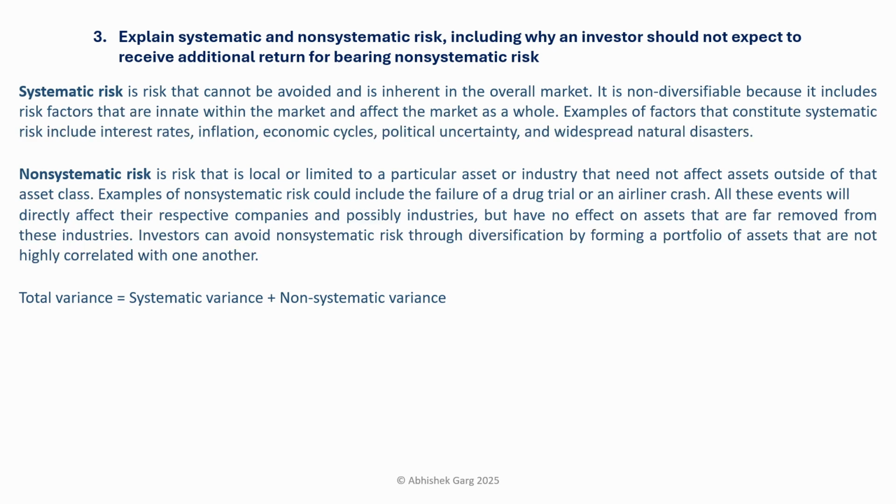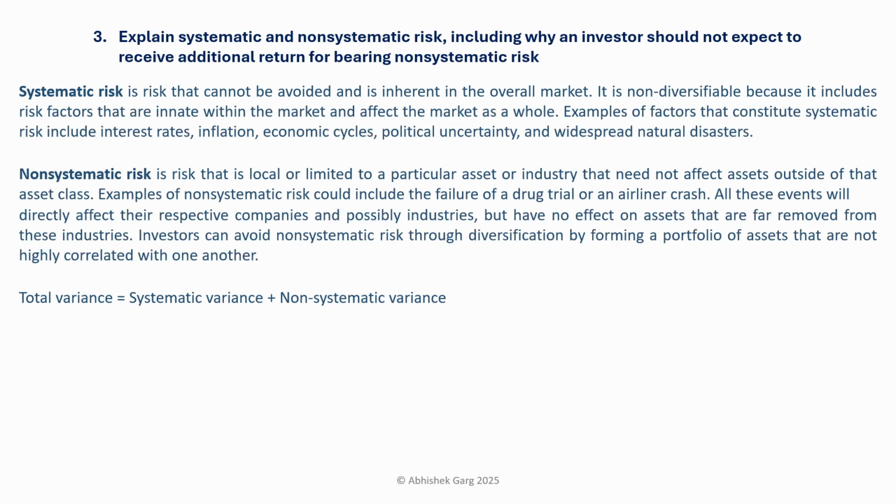It is non-diversifiable because it includes the risk factors that are innate with the market and affect the market as a whole. Now, what kind of factors are considered a part of systematic risk? Like inflation, economic cycle, political uncertainty. These are the macro factors and these are considered as systematic risk.